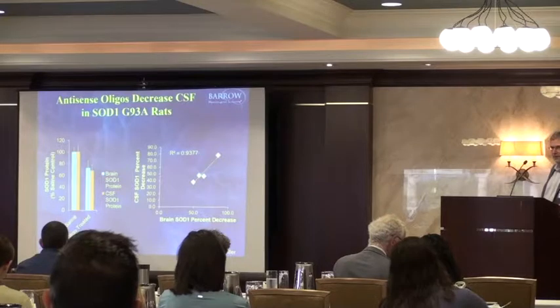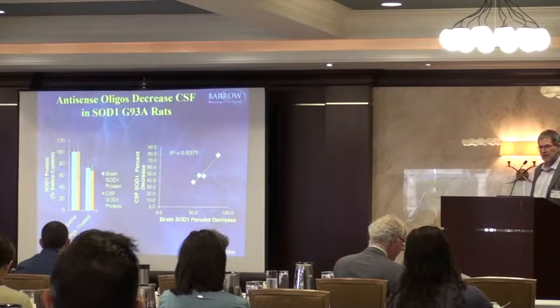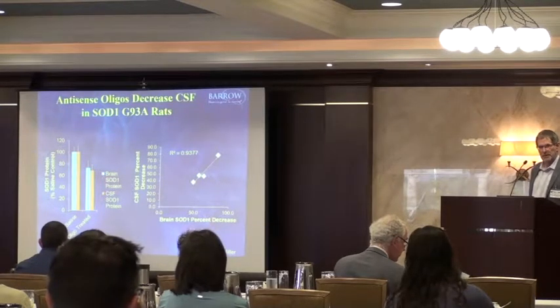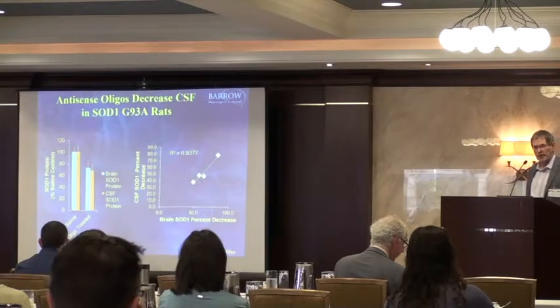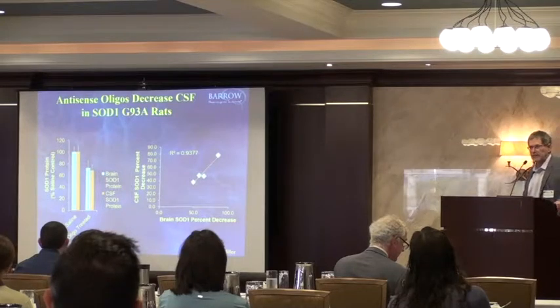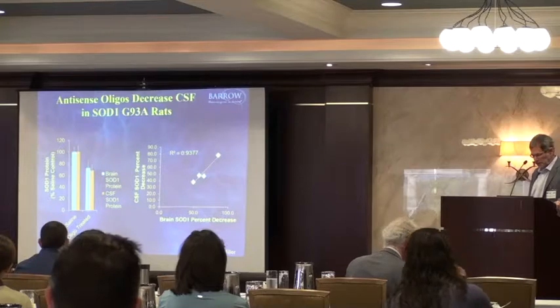The preliminary data for that comes from rats, which shows that in the SOD1 transgenic rat, the antisense molecule can reduce protein levels in the CSF in the experimental animal. And to the extent that you reduce CSF SOD1, you can show that it reduces brain SOD1. So that's what these two slides show. That's the experimental defense for using it as a biomarker in humans.